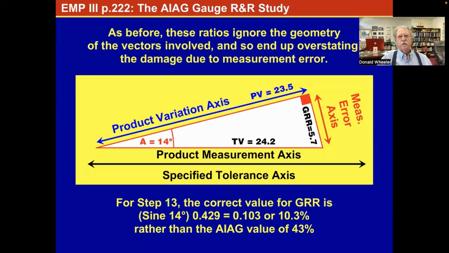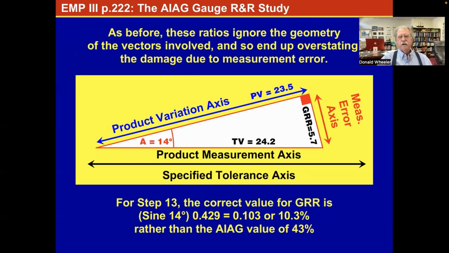As before, these ratios ignore the geometry of the vectors involved, and so end up overstating the damage due to measurement error. The product variation axis is going to lie along one side of a right triangle. The measurement error axis is going to lie along the other side of a right triangle. And the product measurement axis is going to lie along the hypotenuse of that right triangle.